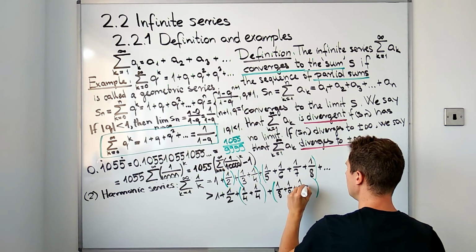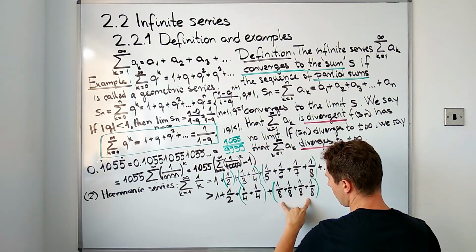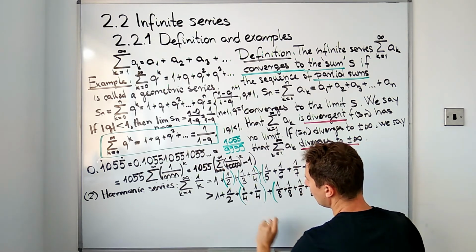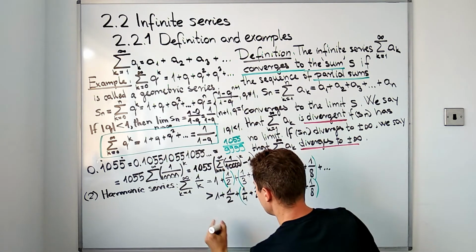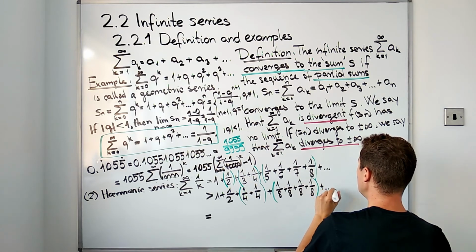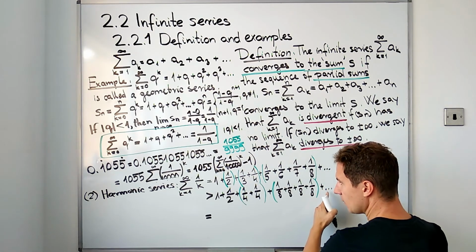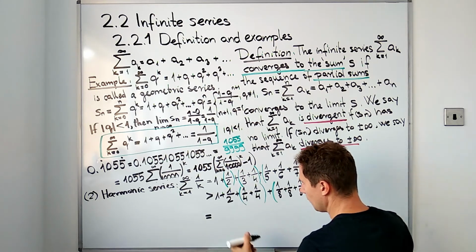Now the idea here is that, of course, I have exactly 4 1/8 here. I have 2 1/4. In the next group I would have 1/16, 8 of them. So you can imagine what's going on.